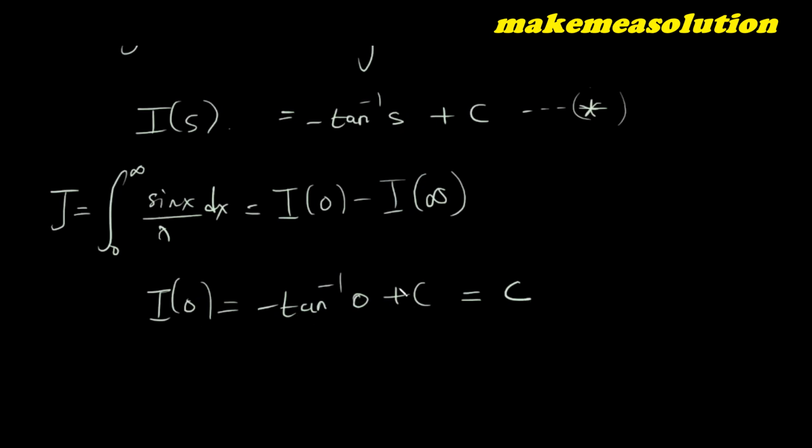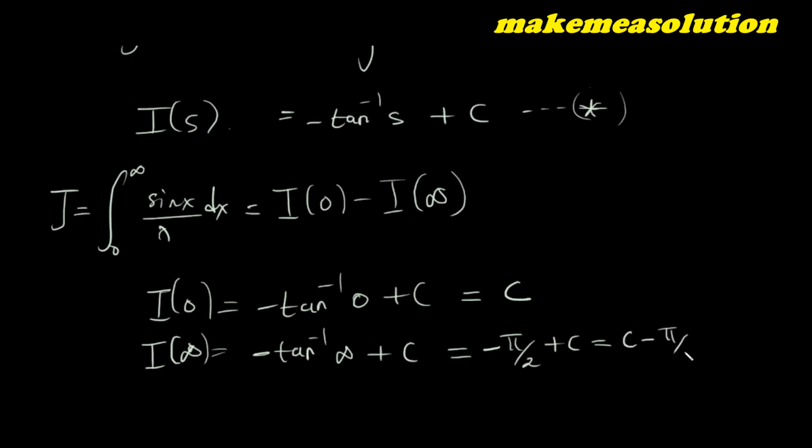Now my I of infinity is minus tan inverse of infinity plus c. Of course, tan inverse of infinity is 90 degrees, which is pi over 2. So this is minus pi over 2 plus c, or I can write it as c minus pi over 2. That's my I of infinity.